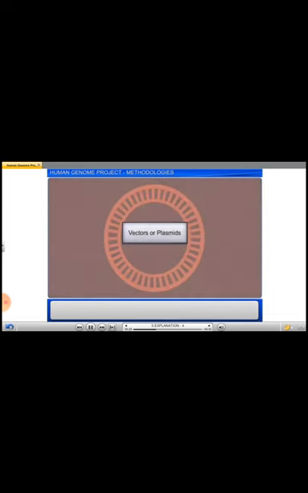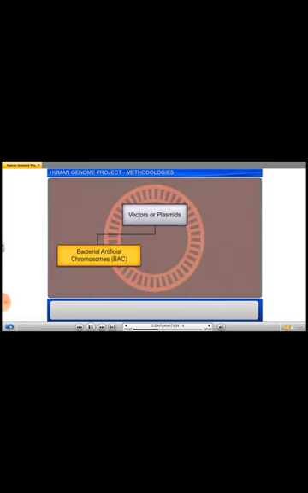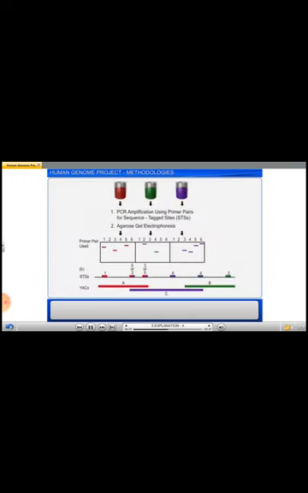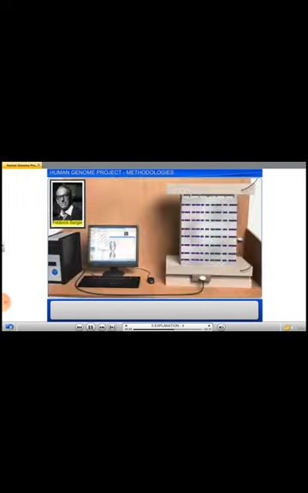The vectors were called bacterial artificial chromosomes or BAC and yeast artificial chromosomes or YAC respectively. The cloning amplified each DNA sequence, which made it easier to sequence. Sequencing was then done by automated sequencers that worked on a principle developed by Frederick Sanger, who was also responsible for developing a method to sequence proteins and amino acids.